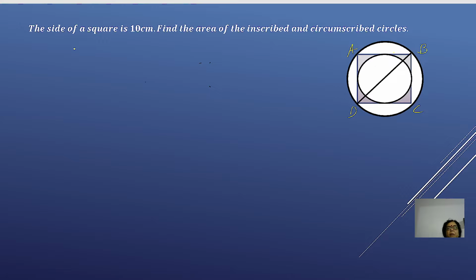So here we must remember the important concept, that is the diameter of the inner circle, that is the inscribed circle. Diameter of the inner circle will be equal to the side of the square. This is the important thing, side of the square.